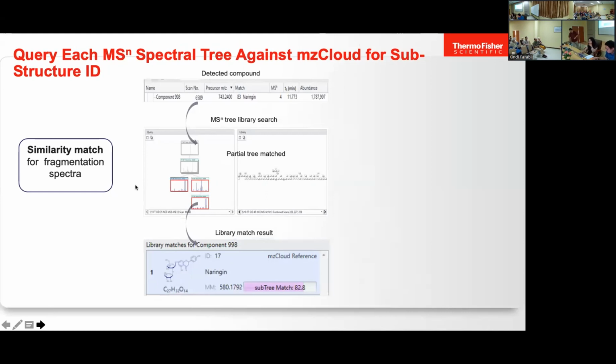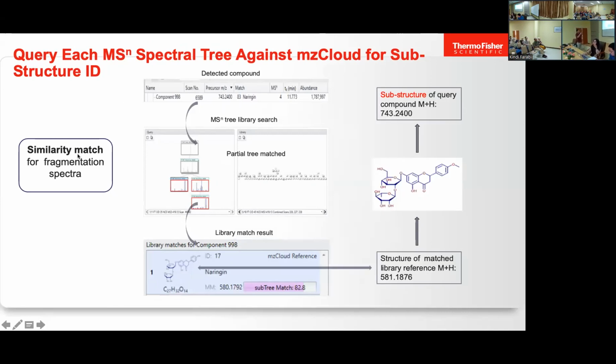This is a pattern for similar search. So I don't search for the entire tree. I just search on the fragmentation. So maybe I'm interested in a specific fragment. I want to find a similar cluster. And you are able to find, and it will tell you that the substructure matches this particular method.